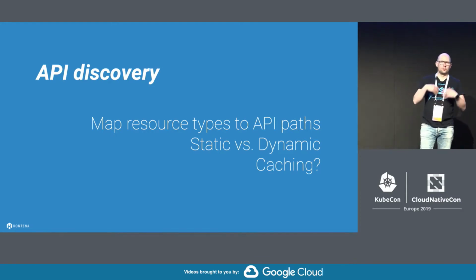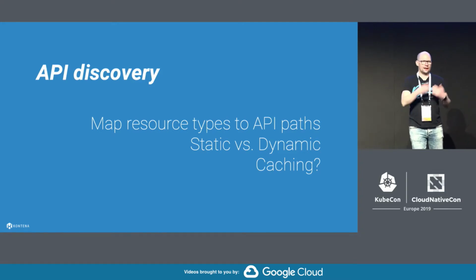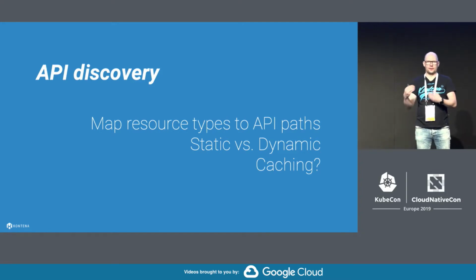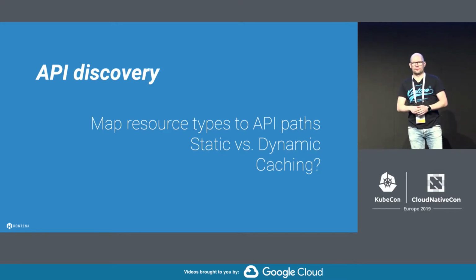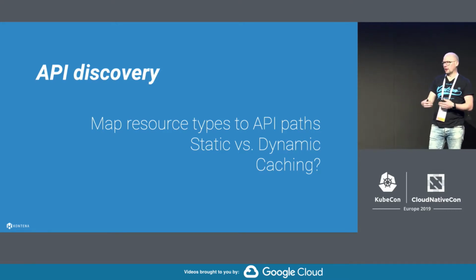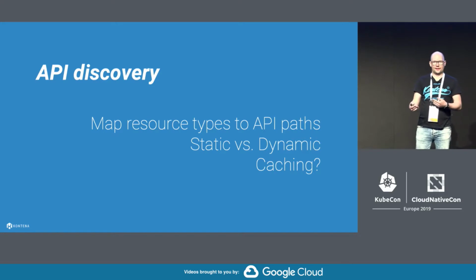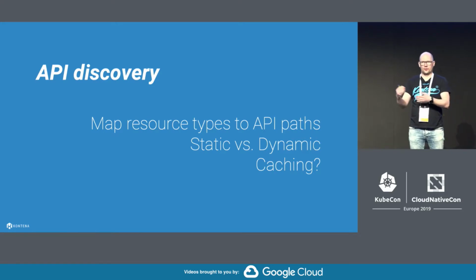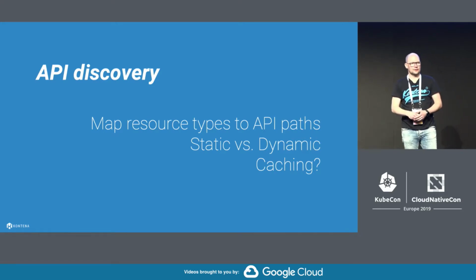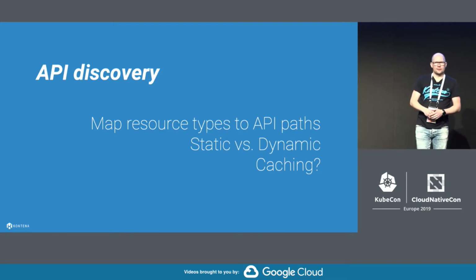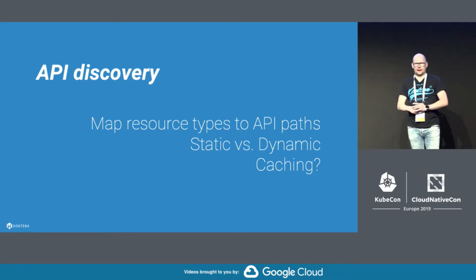So whenever you boot up the KDS client, it basically does the API discovery on the fly, and it's just able to work with any custom resource on the fly. It also, of course, does mean that there is a sort of a performance hit on that, because it has to do the discovery API calls. But in our case, it hasn't been too bad at least, so we've been able to pull it off still pretty nicely.